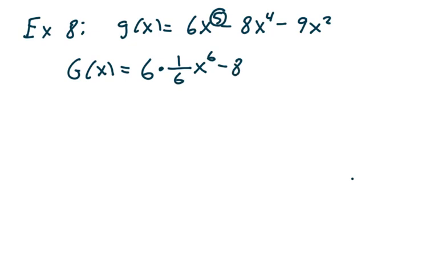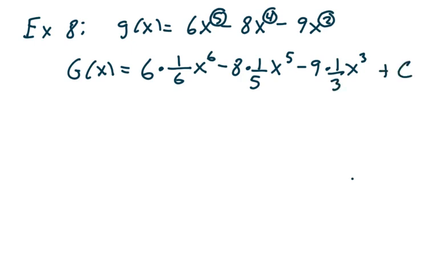minus 8 times, add 1 to the exponent to get x to the 5th. And then you're going to multiply x to the 5th by 1 over 5. Remember, 8 just stays there. And then I'm going to go minus 9 times, add 1 to the exponent, I get x to the 3rd. And you just want to multiply x to the 3rd by 1 over 3.